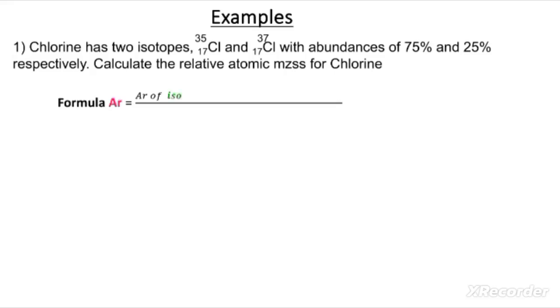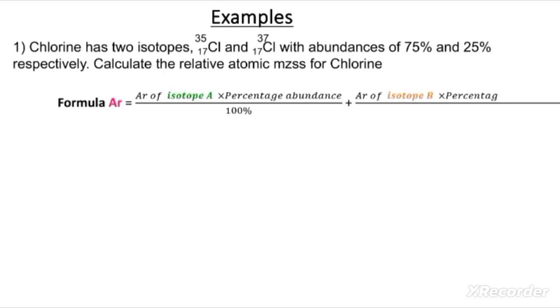So relative atomic mass is equal to atomic mass of isotope A times the percentage abundance of isotope A divided by 100% plus the atomic mass of isotope B times the percentage abundance of isotope B over 100%. So as we can see, we are still using the same formula. Okay. Now let us identify the values.